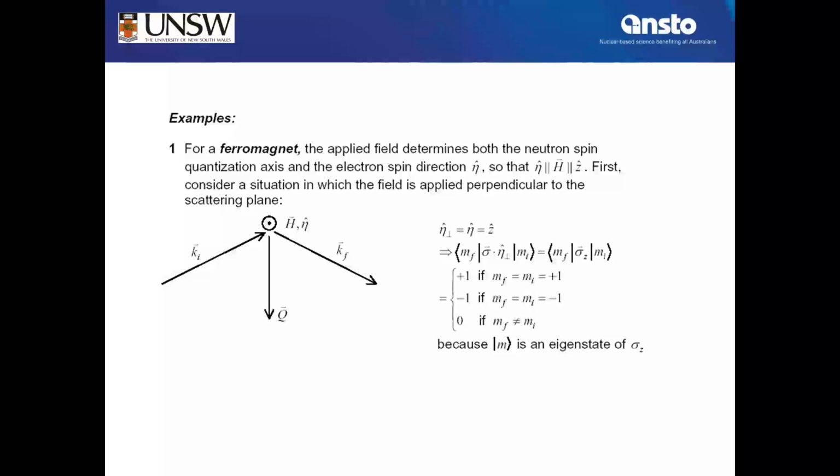How can we understand that? In simple words, no spin flip has happened. The neutron spin remains up, up, or down, down. So that means in that configuration, we do not get a spin flip.